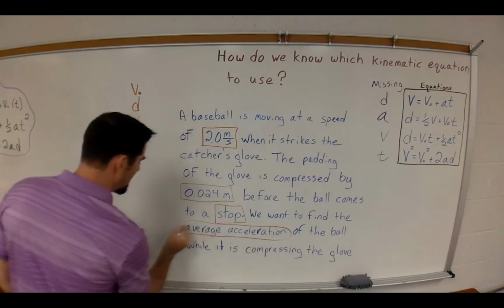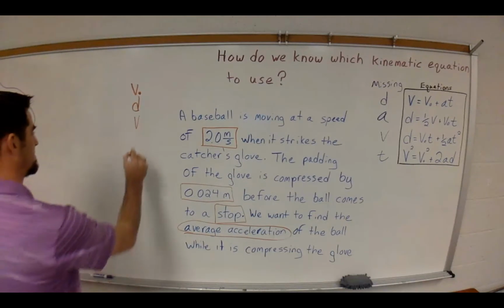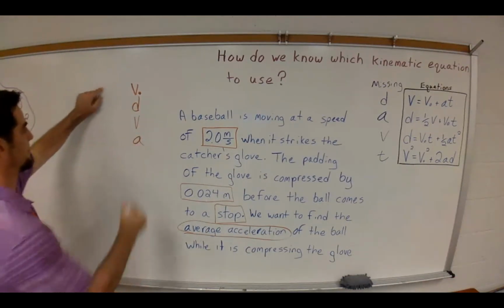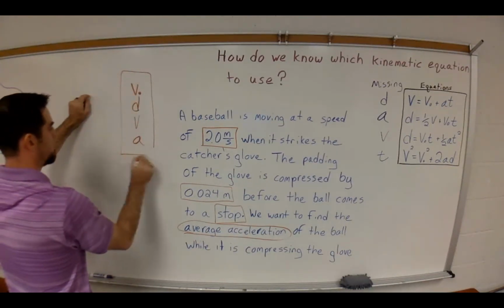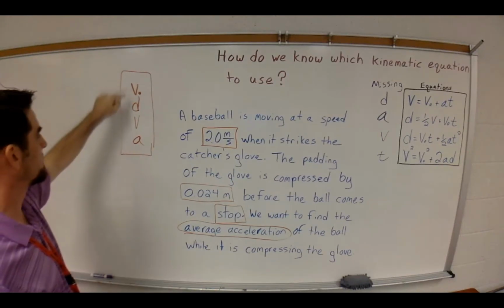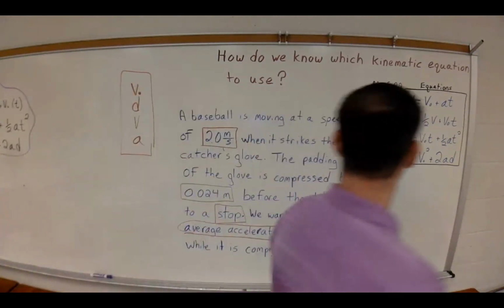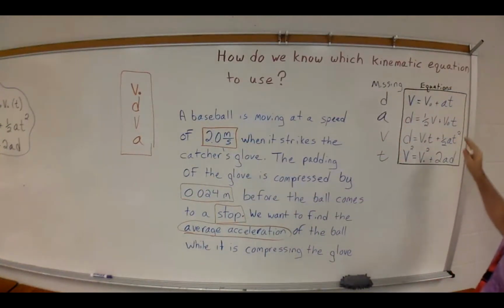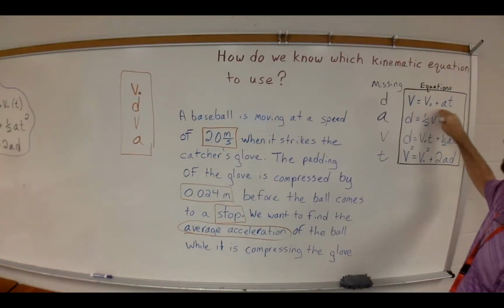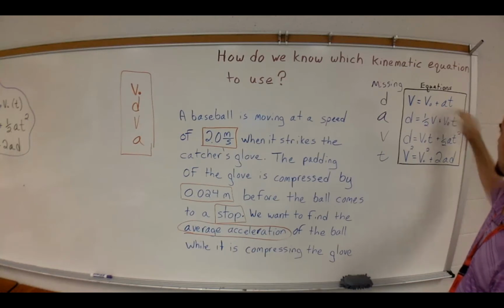So we need to find an equation that has these 4 variables in it: initial velocity, distance, final velocity, and acceleration. So let's look over here. This one has time, so it's not that one. This one has time, so it's not that one.